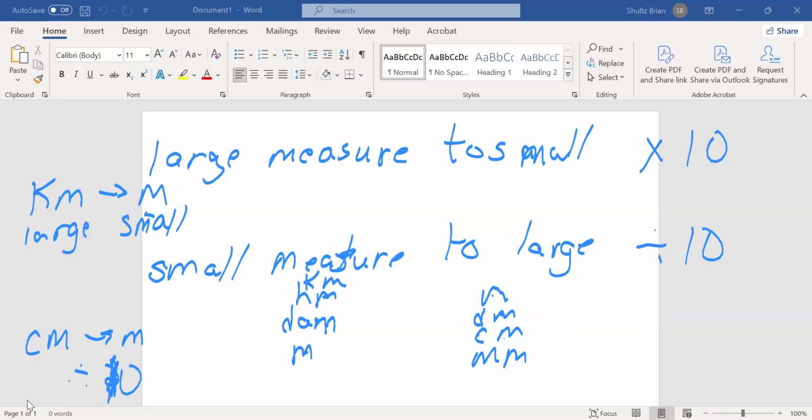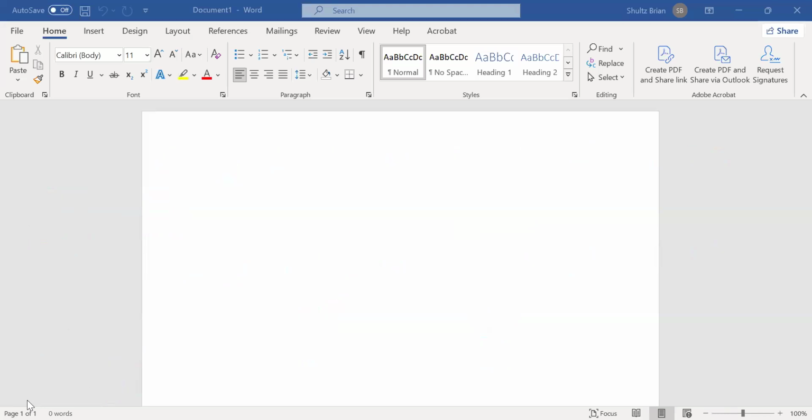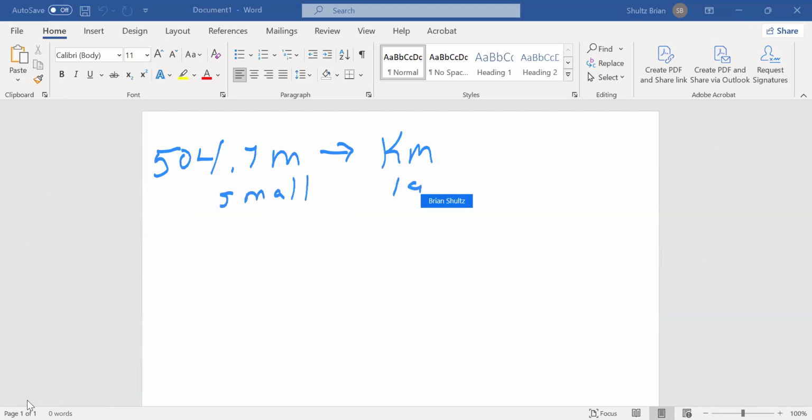Okay. So with that in mind, if I'm going to change 504.7 meters to kilometers, this is a small and this is a large unit of measure. Comparing the two, meters are smaller than kilometers. So since meters are smaller than kilometers, I am going to divide by 10 for every unit.